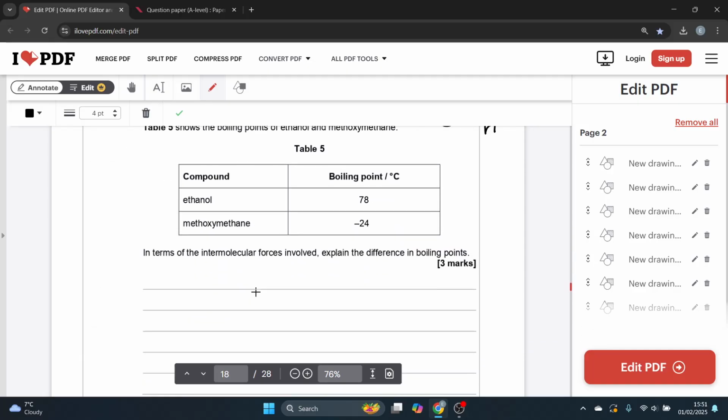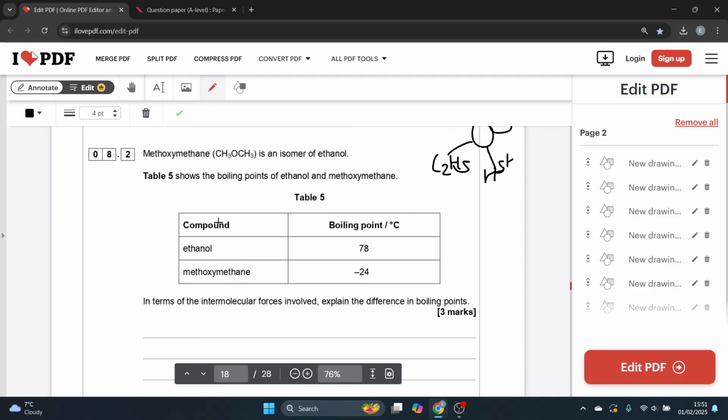That's delta positive. So the molecular force involved, explain the differences in boiling points. Well, ethanol and methoxymethane. Hydrogen bonding in ethanol. What about methoxymethane? Is it also hydrogen bonding?